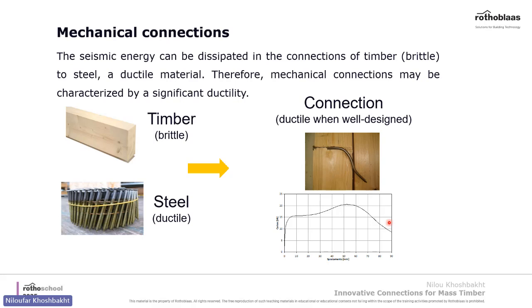And here's an example of a well-designed connection. Thanks to the union of these two different materials, it's possible to obtain significant ductility with high strength and stiffness. This is important, especially when you want to dissipate energy, for example, when we have a sudden load.